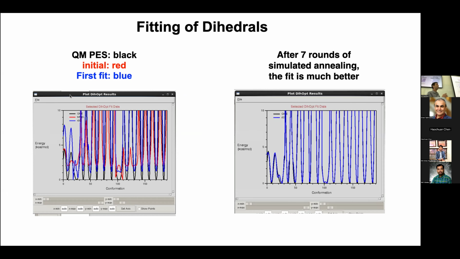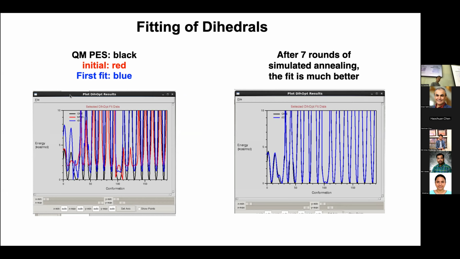But then we do multiple rounds of, in this case, simulated annealing. In this case it took 7 rounds, but after 7 rounds, the fit is really good between the MM and QM. The reason you need to do multiple rounds is that optimization is a really tough problem, particularly when you're in this high dimensional space of many parameters.